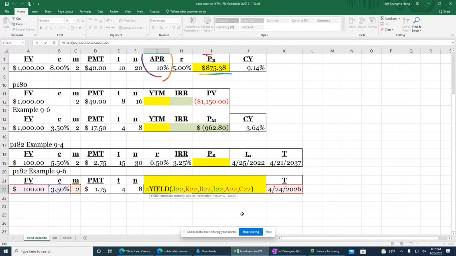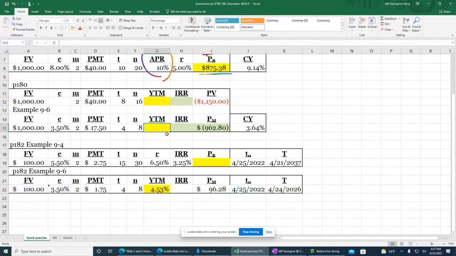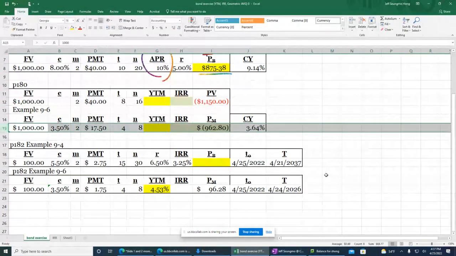You can do it this way, or you can also find it another way. Look, it's the same example. Let's take a look at this. Row 15. Now this is more natural. Why?